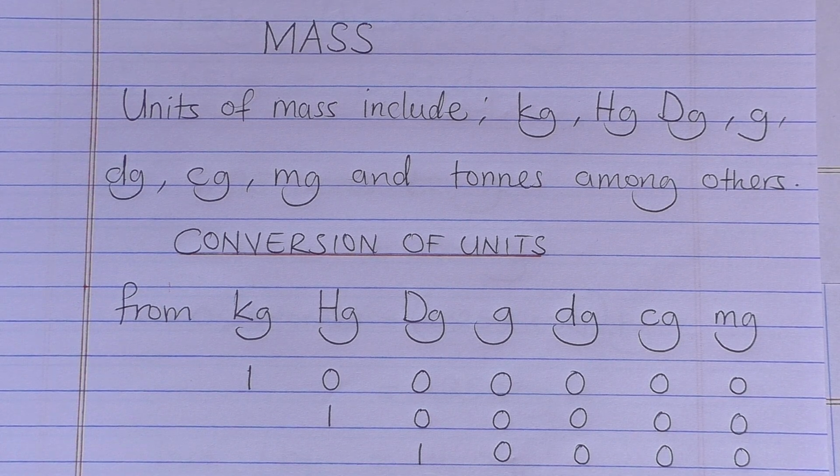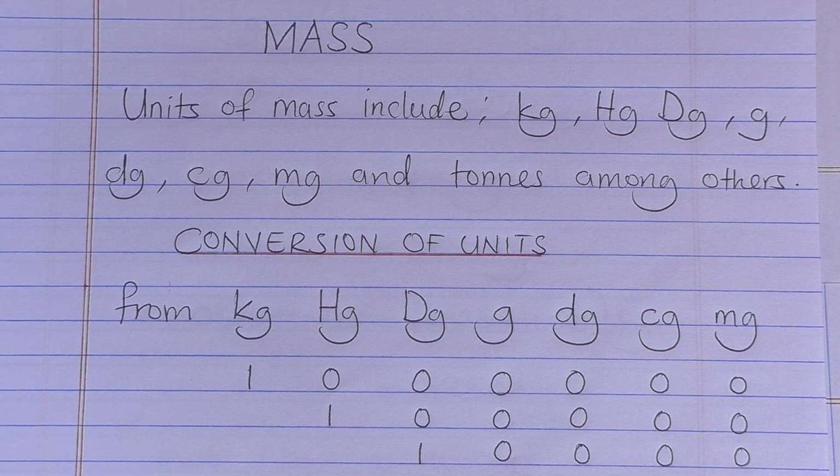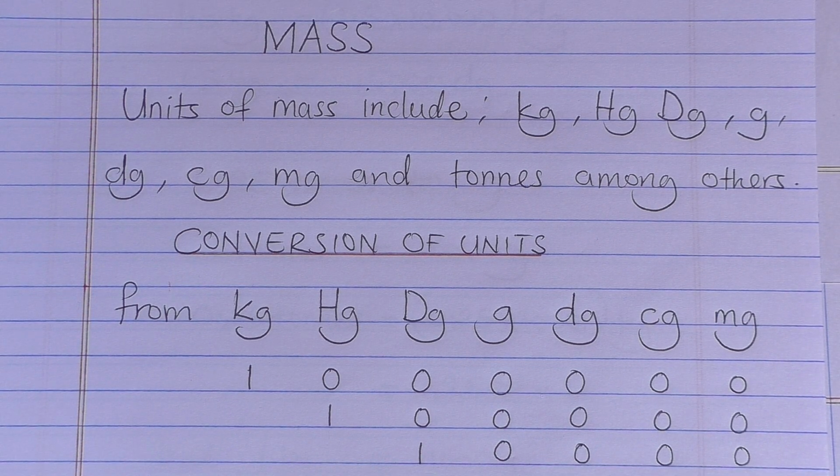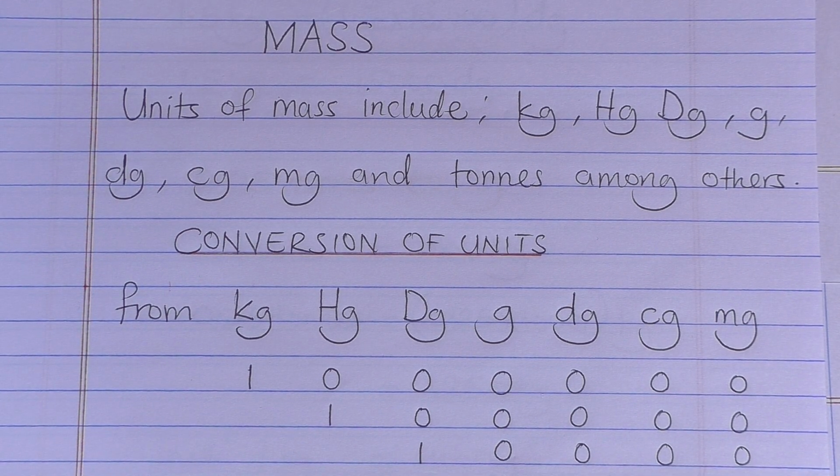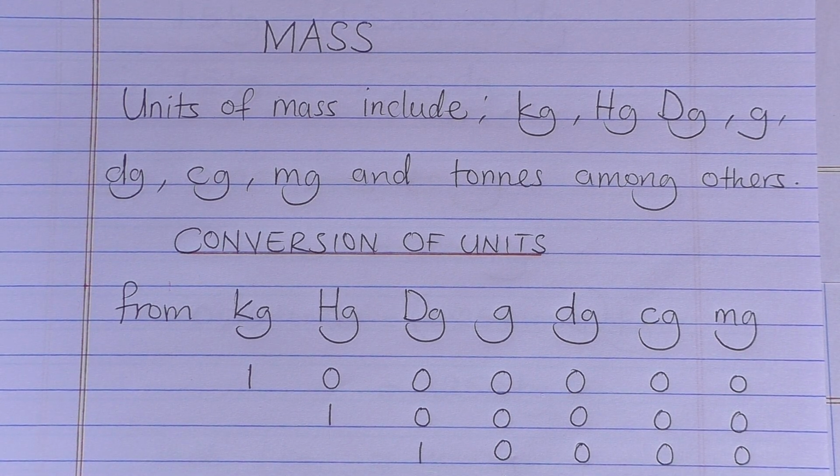However, mass of a liquid is obtained by using a container, where we shall first weigh a dry clean container and get its mass. We also weigh the same container filled with the liquid whose mass we want to get, and then the difference gives us the mass of the liquid.